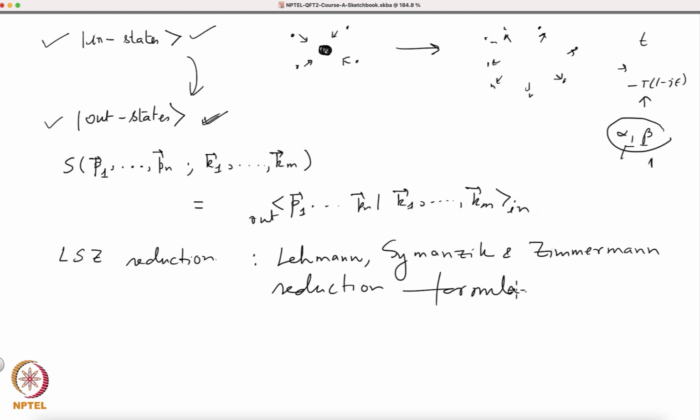So this reduction of these matrix elements into a form which involves Green's functions or correlation functions is what is called LSZ reduction. That's what I'm going to show you now.